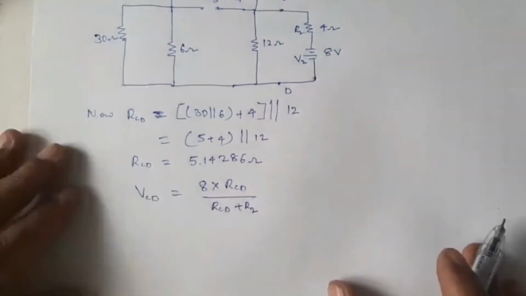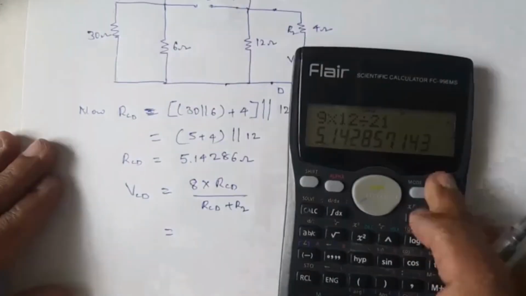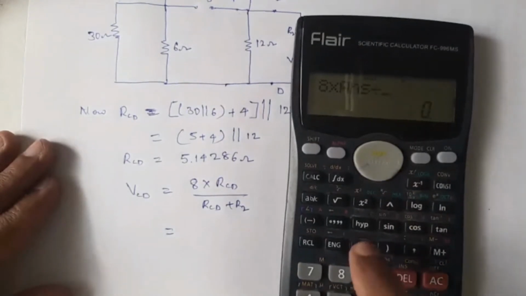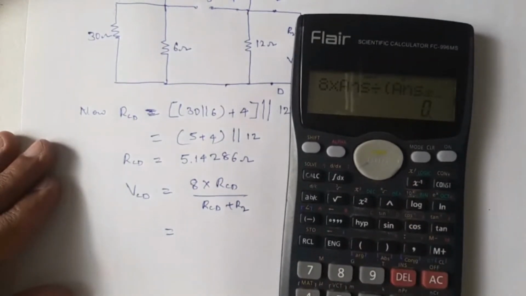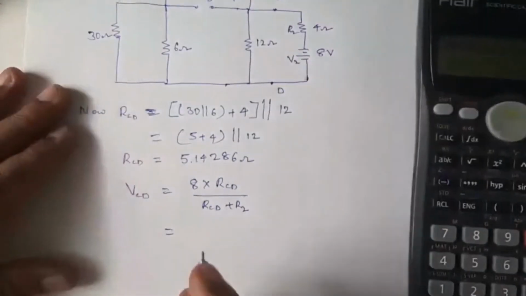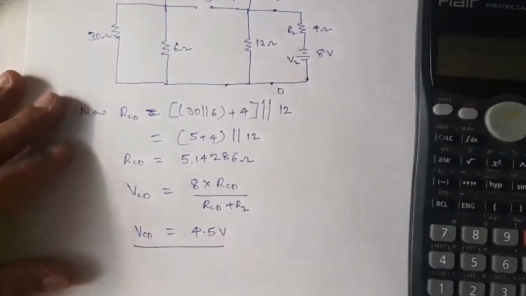Substituting, R2 is 4, so we will get 4.5. VCD is now 4.5 volts.